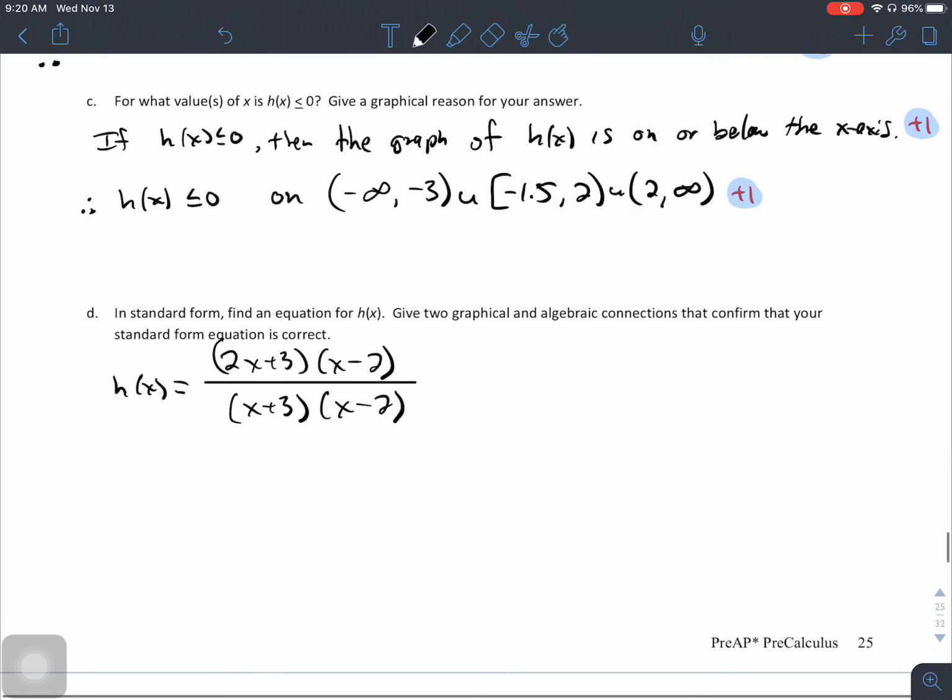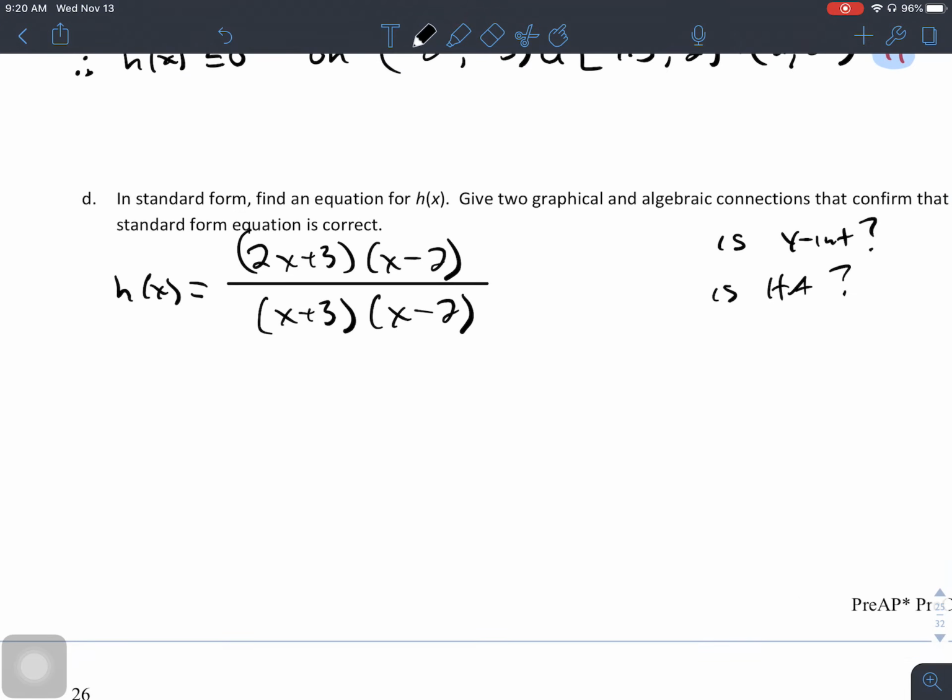What we don't know is, is the y-intercept correct? Is the horizontal asymptote going to be correct? If we multiply this out, we're going to get h of x equals, in the numerator, 2x squared plus 3x minus 4x, that's a minus x.